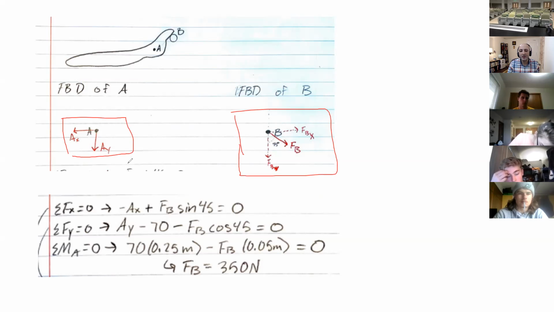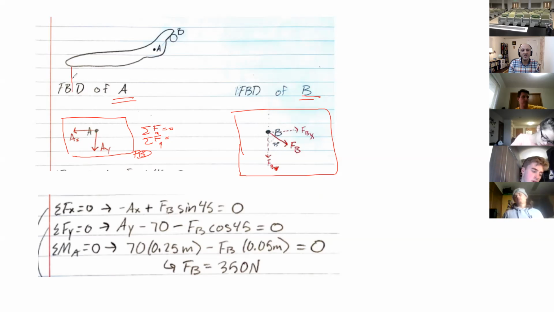If they're not together, then this is one free body diagram with its own equations in X and Y, and this is another one. So you cannot combine two different free body diagrams and write one set of equations for them. This is wrong on so many levels. Plus, what happened to the existing force of 80 newtons or 80 pounds that was on there? You can't ignore part of your rigid body and start doing that.